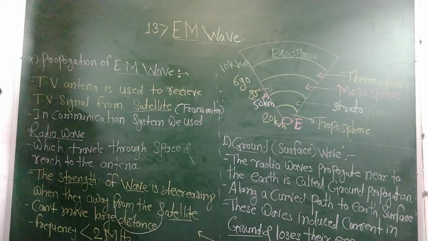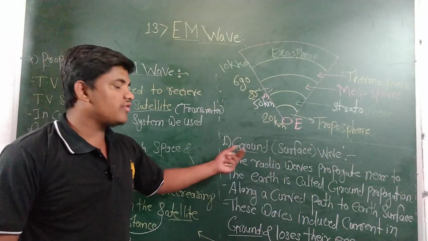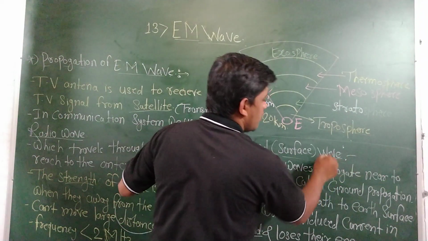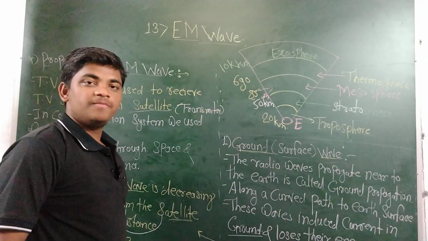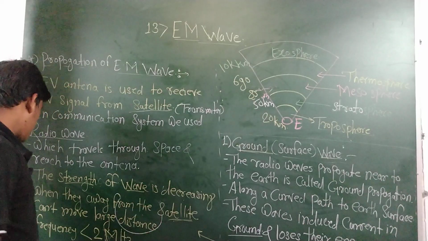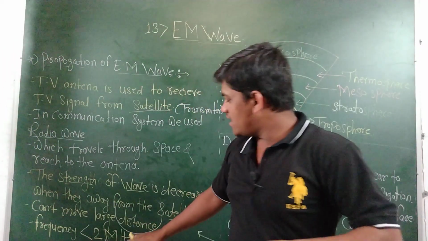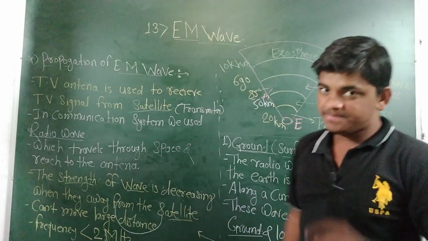That is, the frequency of radio waves which can follow the ground surface wave propagation, like ground wave propagation or surface wave propagation, will be minimum, less than 2 megahertz.